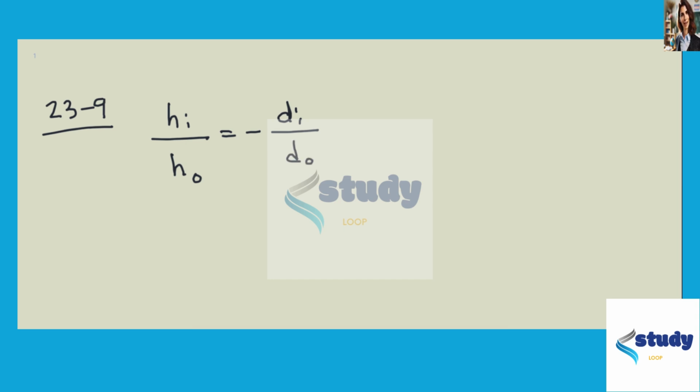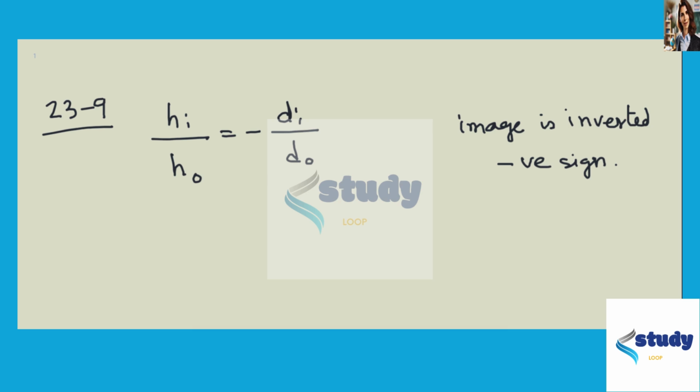The way the sign works is if the image is inverted, then we take a negative sign. For a camera, the image is always inverted, so we can take di as negative for our case.